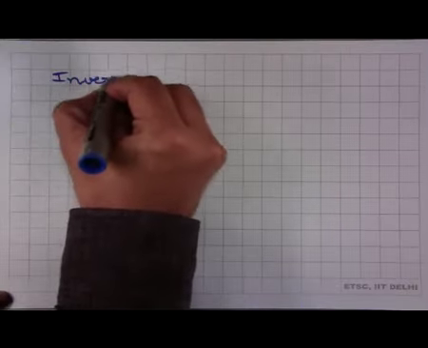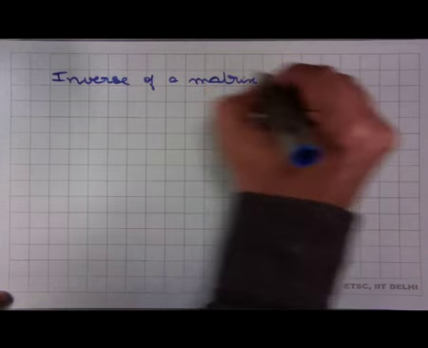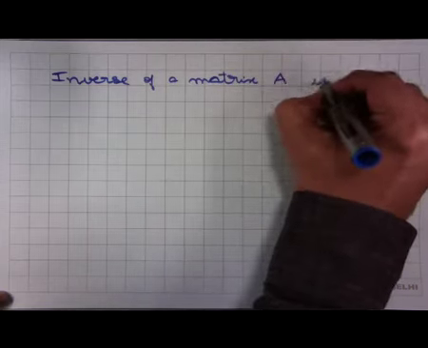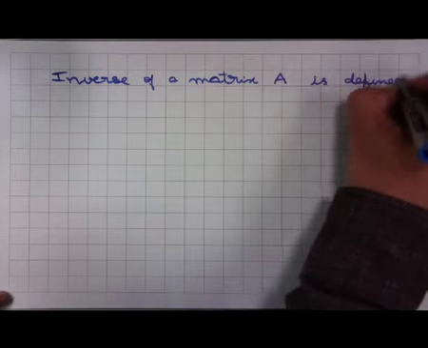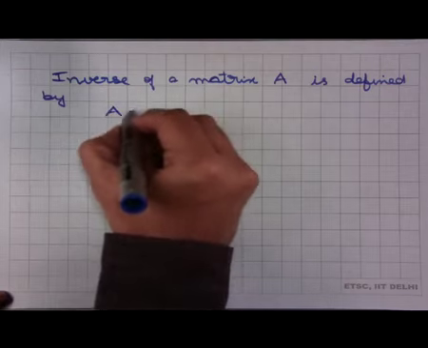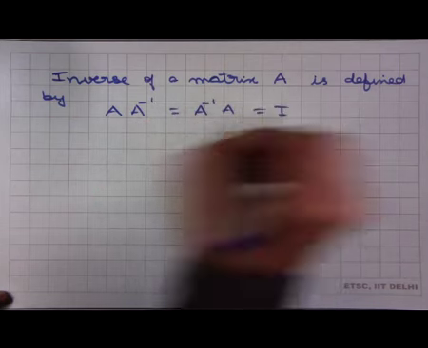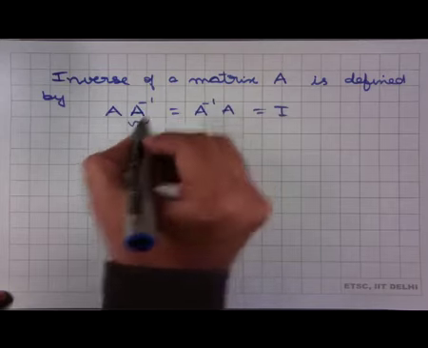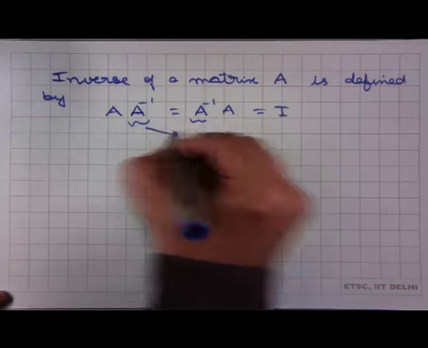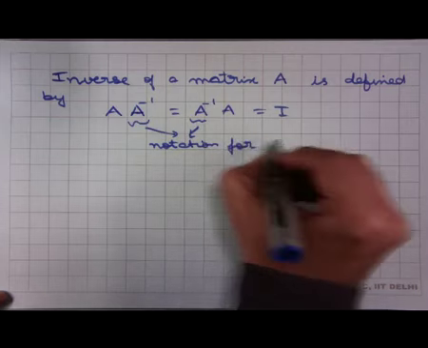So, the matrix inverse of a matrix A is defined by the expression A inverse A is equal to A A inverse is equal to identity, and this is the notation for inverse.